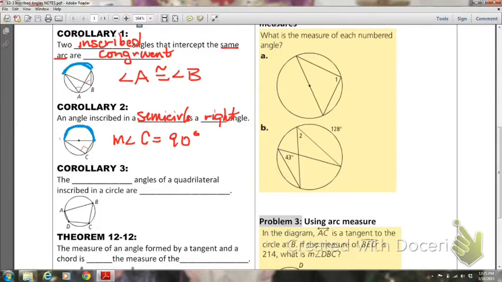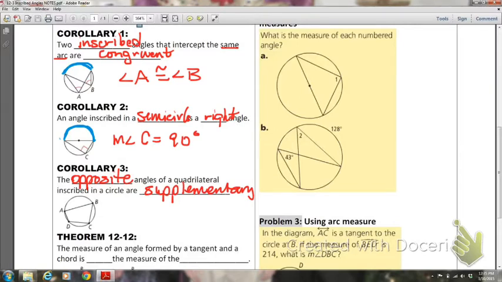The last corollary, corollary 3, says that the opposite angles of a quadrilateral that's inscribed in a circle have to be supplementary. So in this diagram, we're talking about opposite angles in the quadrilateral.